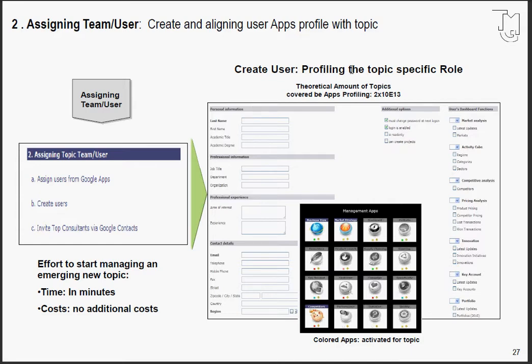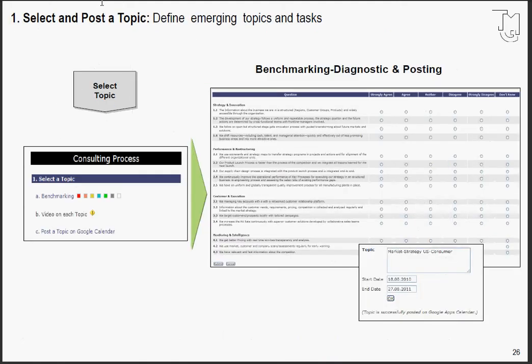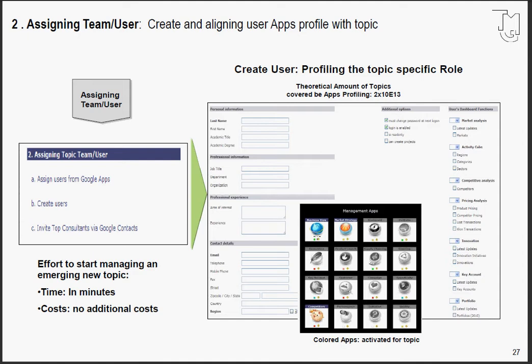And create user profiling, I think, is very specific because you can really first select what are the relevant apps for this topic, and you see you have 16 apps available, and you can combine them very freely. You can take only one app like Business View, or you can have a combination like Business View, Market Strategy, and Competitors, depending on it. So the theoretical amount of topics covered by this apps profiling is really enormous.